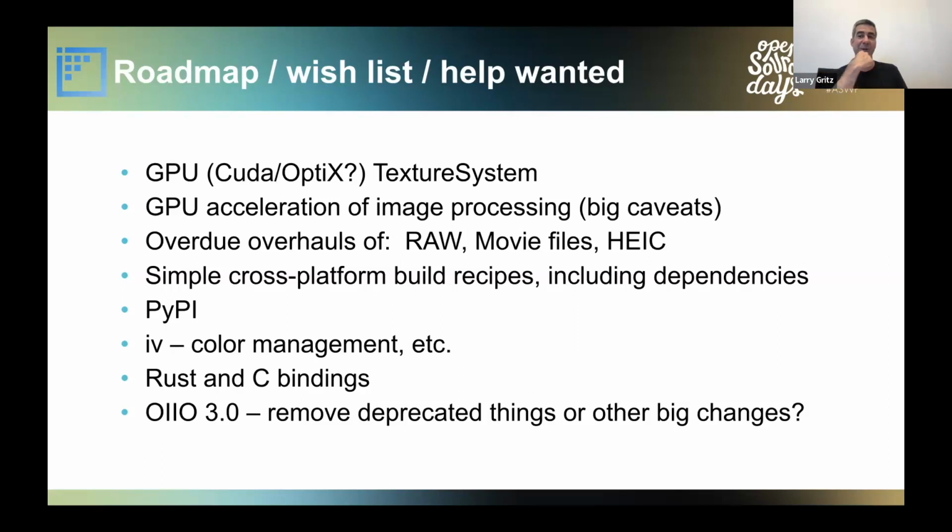But every once in a while, we do something like go from 2-point-something to 3.0, and those are the differences where we're actually allowed to get rid of the old things that we now think are bad decisions, even if that means that applications might have to rewrite a little bit of their source code in order to use the new way.